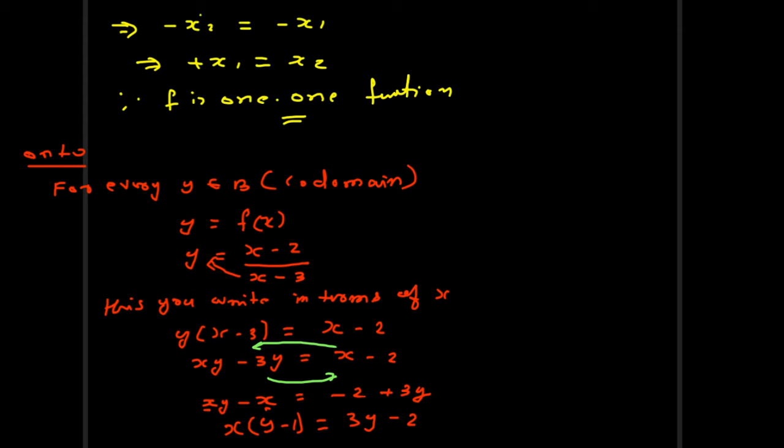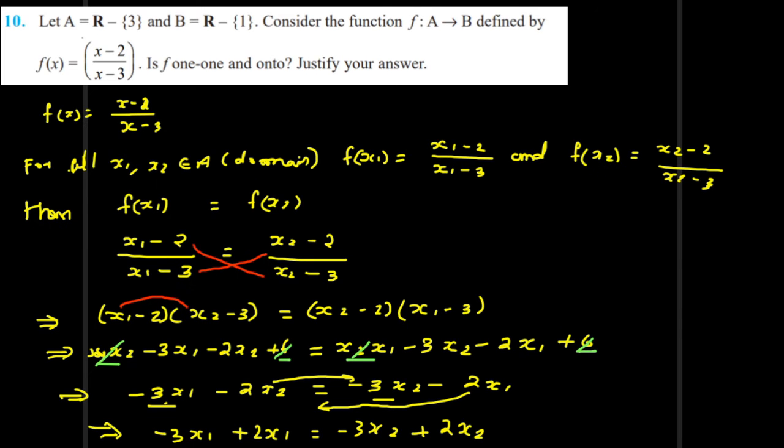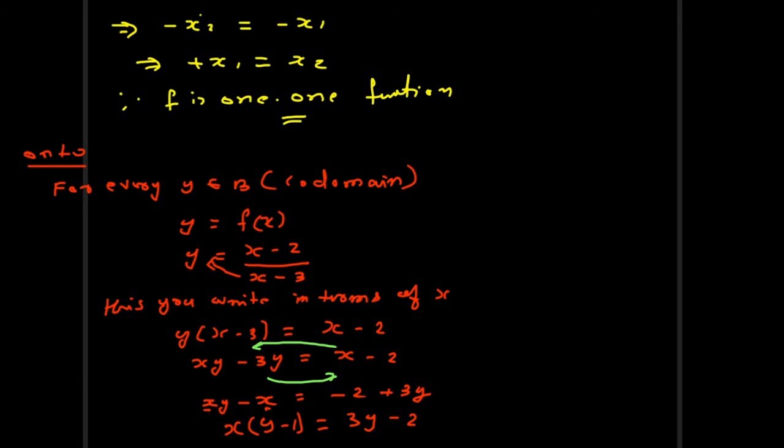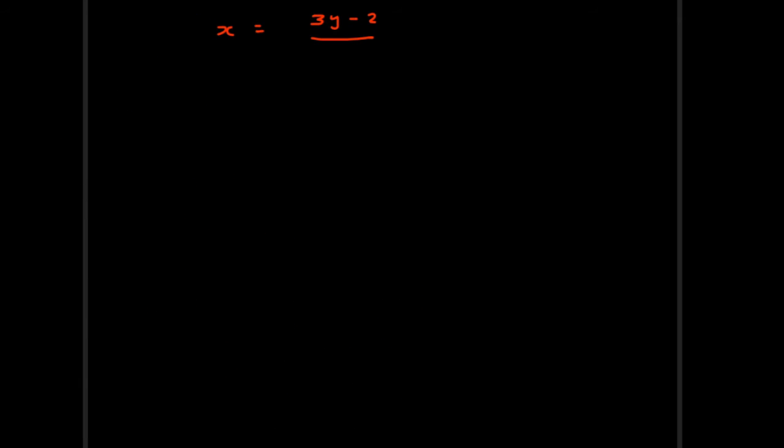So this implies x equal to 3y minus 2 by y minus 1. This is x.